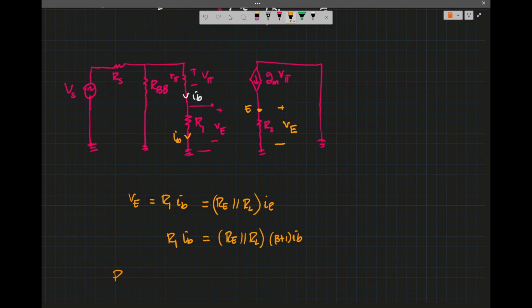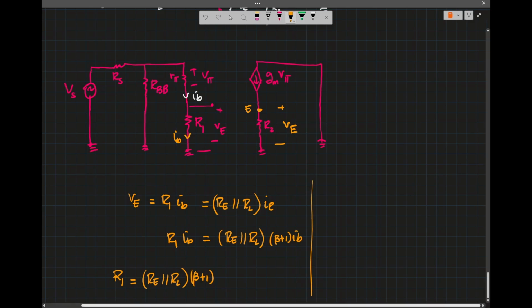So that means the resistance seen at the emitter, when you look from the base, is R1 equal to RE parallel R load times beta plus 1. And what is R2? I'm going to do the same thing.